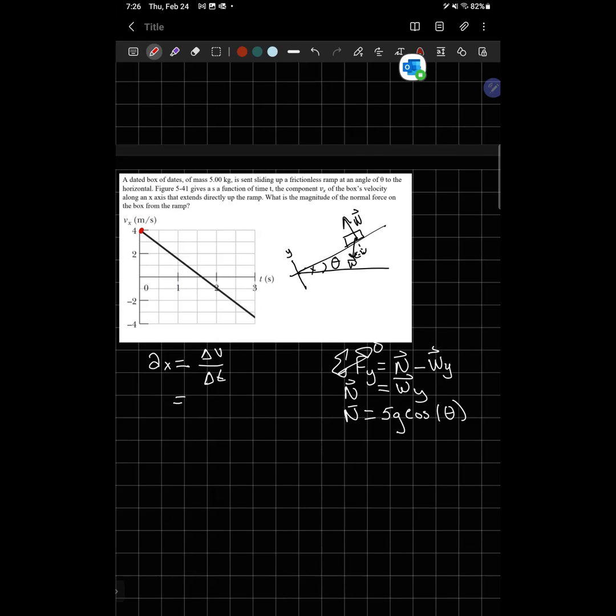I guess I'll just round to about 3.5-ish.